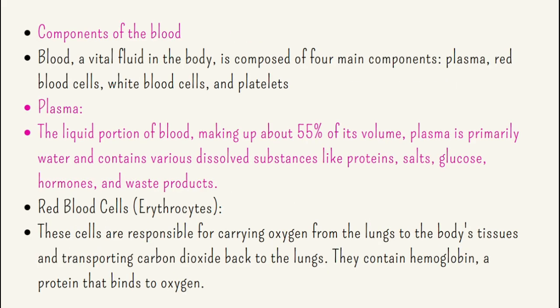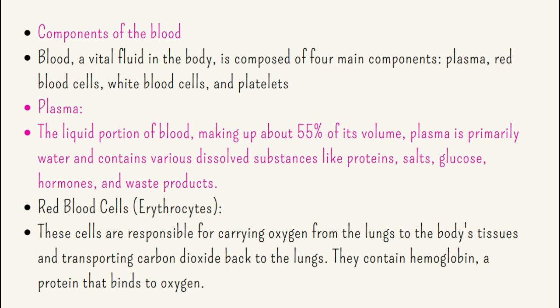So let's talk about the components of blood. It's very important that if you do the circulatory system, you need to know the components of blood, right? So basically, what we have going on is the plasma, right? The plasma is basically the liquid part of the blood. It makes up about 55% of its volume. It is mainly water and contains various dissolved substances like proteins, salts, glucose, hormones, and waste products, right?